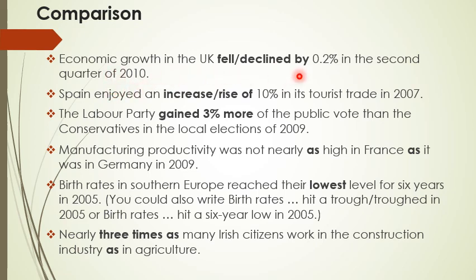In this sentence, we are comparing the economic growth in a certain country, the UK, in the second quarter of 2010 with the previous quarter, obviously. And we used fell or declined by 0.2%.